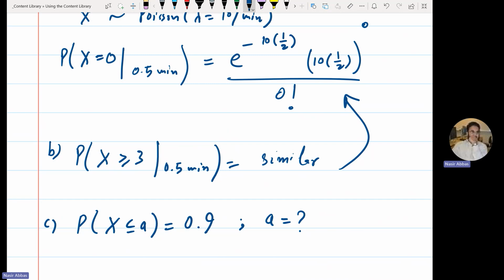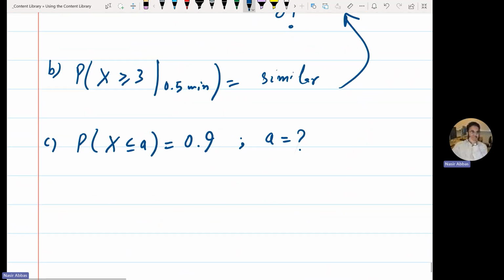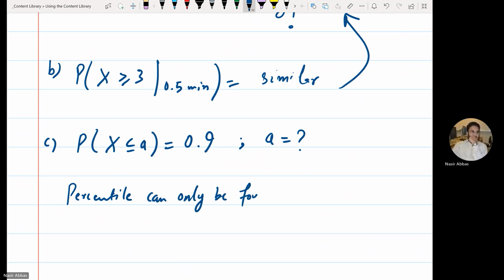So for any percentile, this is general for chapter 3 whole, percentile can only be found through CDF. Only through CDF. So you need CDF. What is CDF? Less than equal to probability.